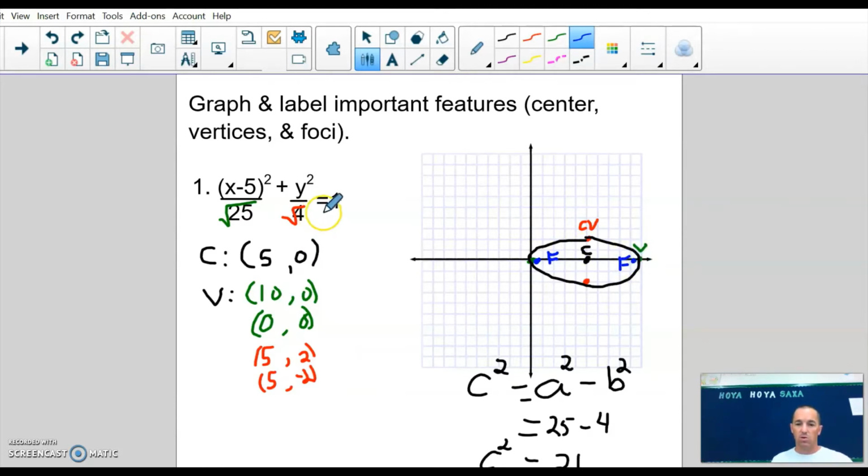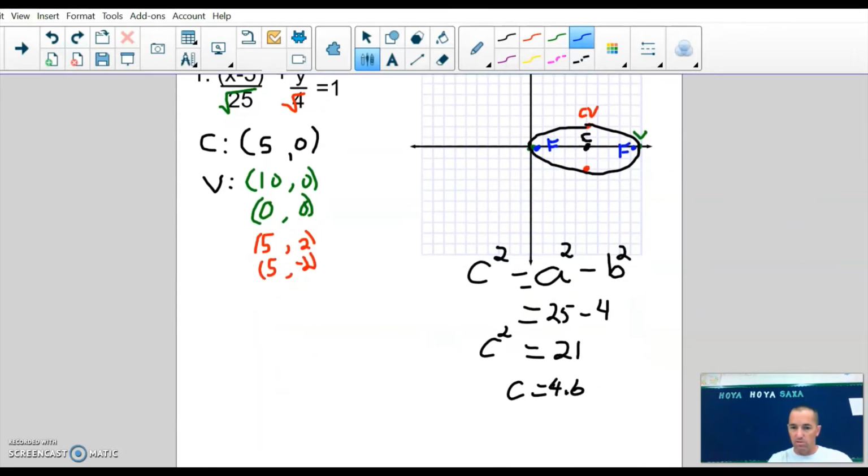So we have our center, our vertices, and our focal points all labeled within our drawing. The last thing I need to do is write down the ordered pairs for the focal points. There are 2 of them.